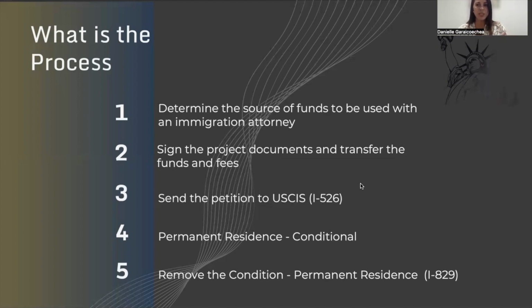And here's where it changes on whether you live here or you live internationally. If you live here, you can file at the same time or later an adjustment of status, which lets you be here legally. You can apply for the work permit and a travel permit while your petition is being processed.